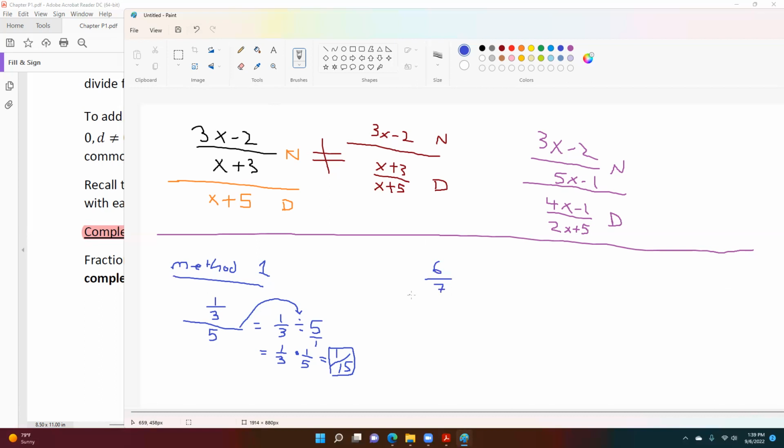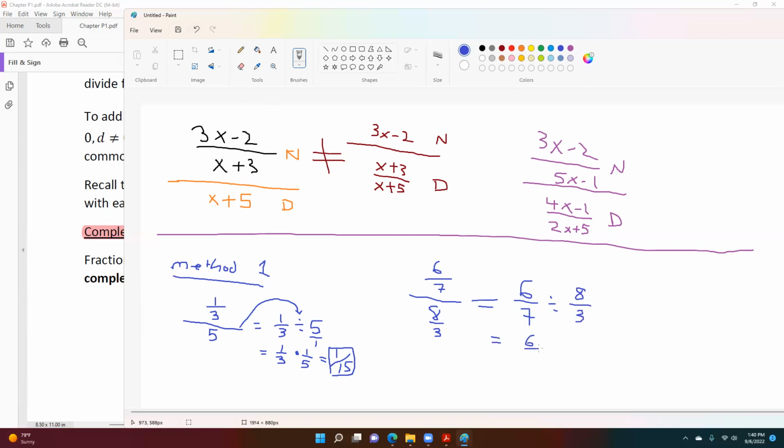Same thing happens if I give you something like 6/7 over 8/3, for example. In this case, you take 6/7, and this long division sign you just replace with divide, and then you have 8/3.